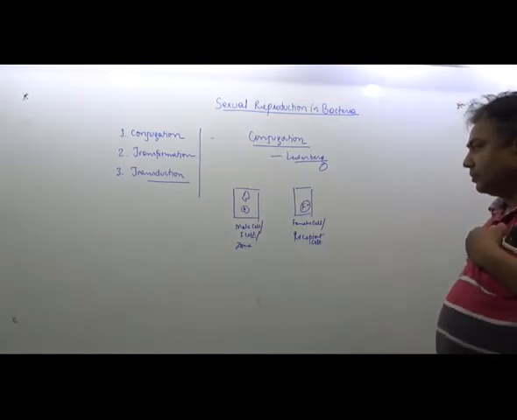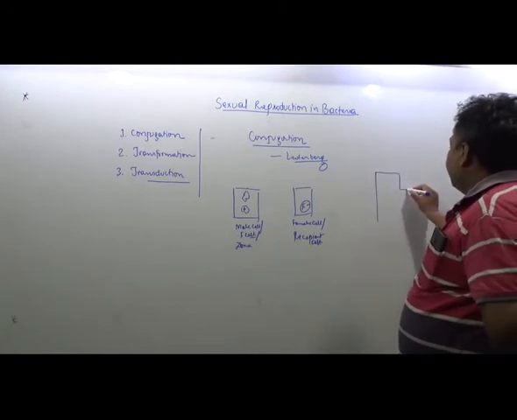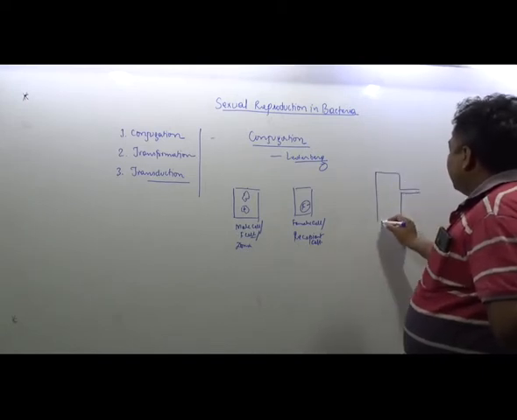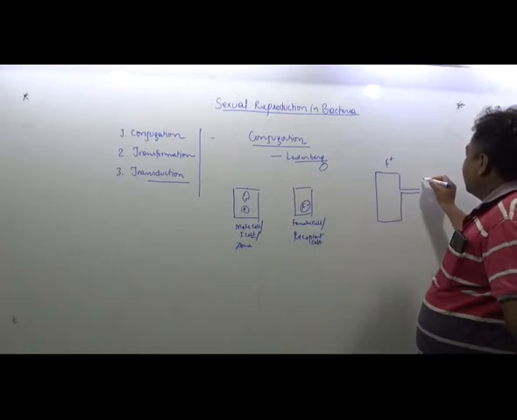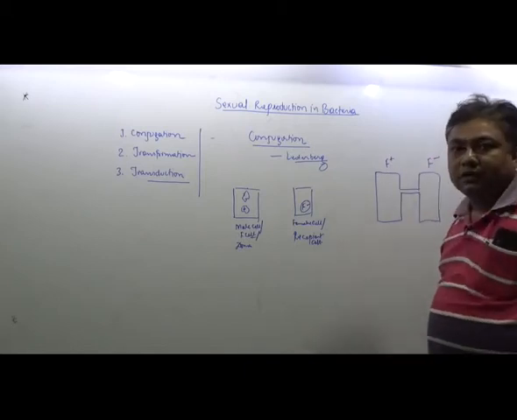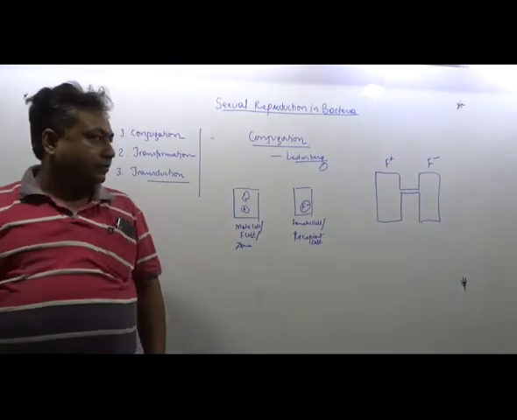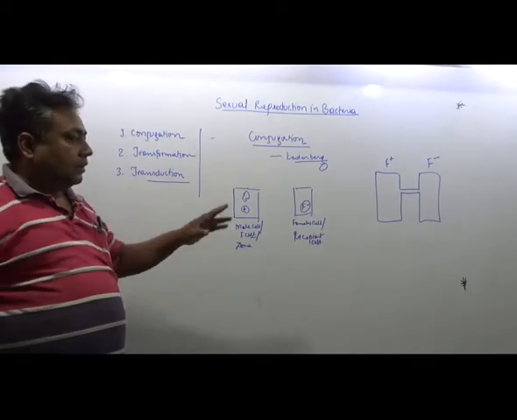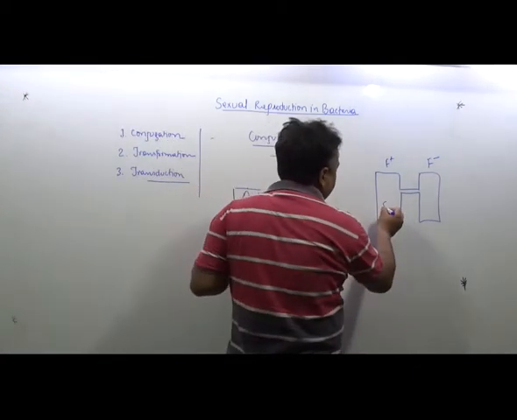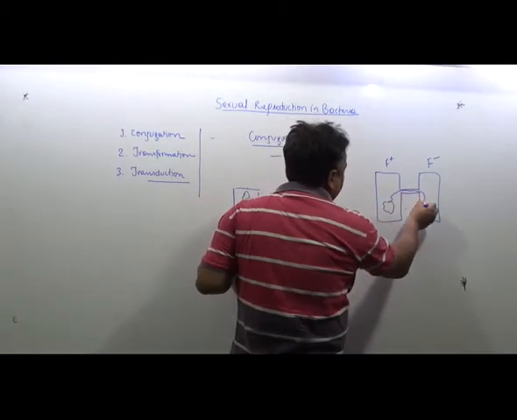So, the pili present over the male cell make a conjugation with the F plus cell and F minus cell. At the same time, the F plasmid makes its copy and passes into another cell.